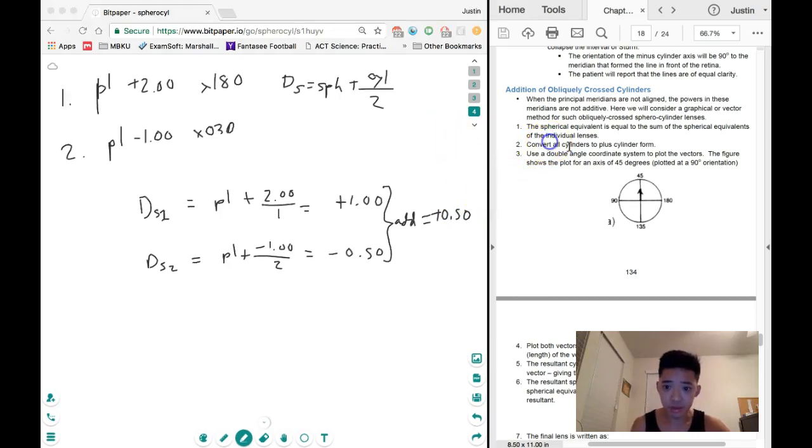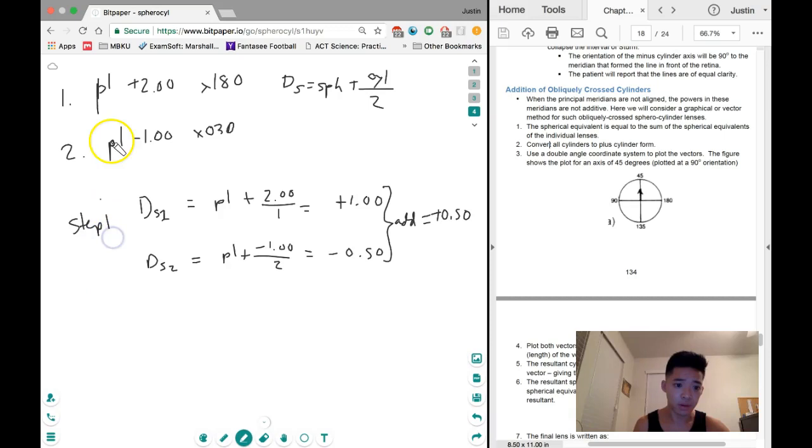Step number 2: convert all cylinders to plus cylinder form if they are not. So this was step 1, and step 2 is just convert. Prescription 1 is fine.